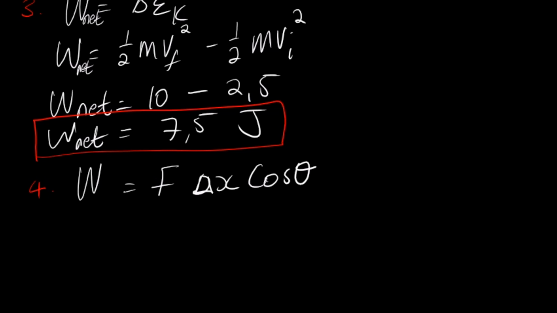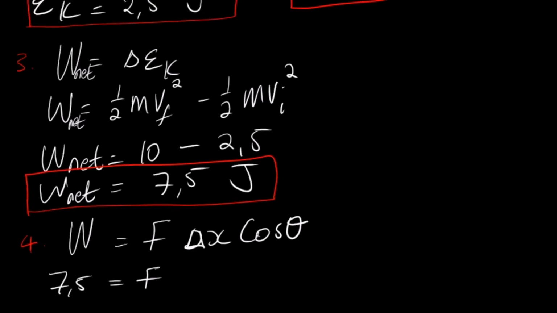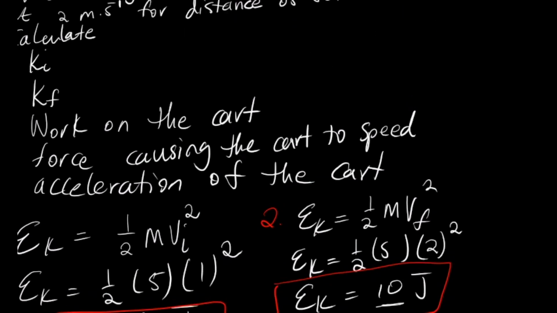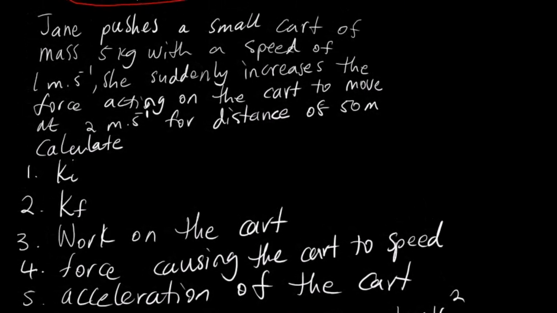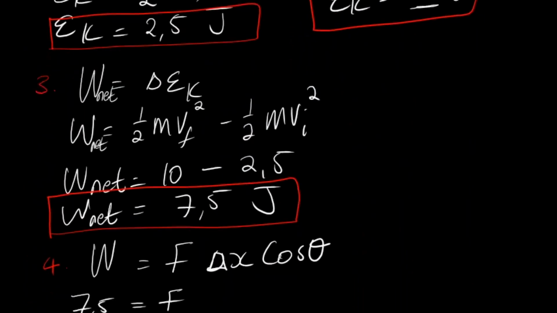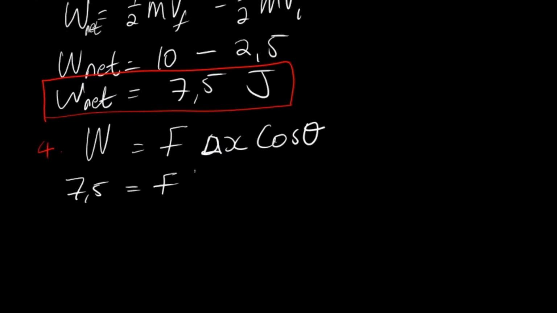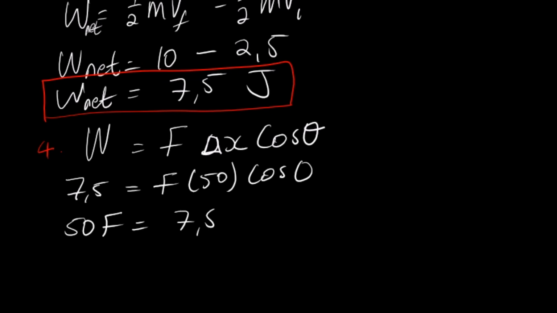Now we have our work, which is 7.5. We are looking for the force, and then the displacement from the scenario is 50 meters. So we have 50 cos 0. Now basically we have 50 times force equal to 7.5.